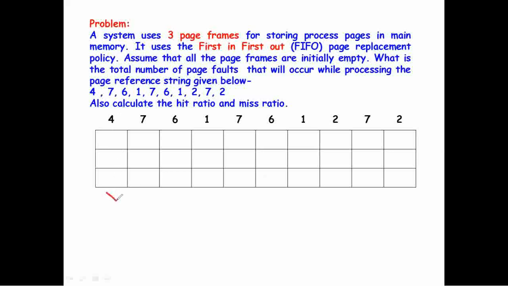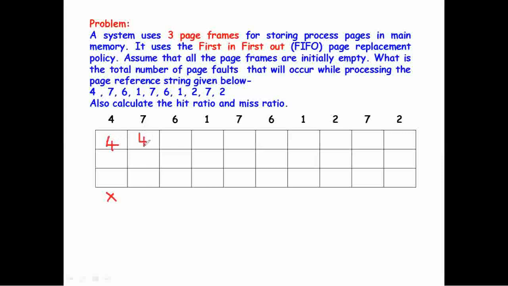Now 4 has to be brought into the main memory. So it will be placed in the first free frame. Here, among the available 3 frames, 4 has entered main memory.